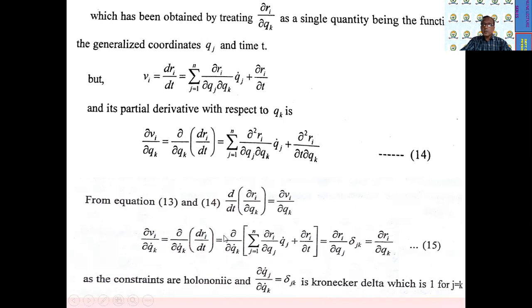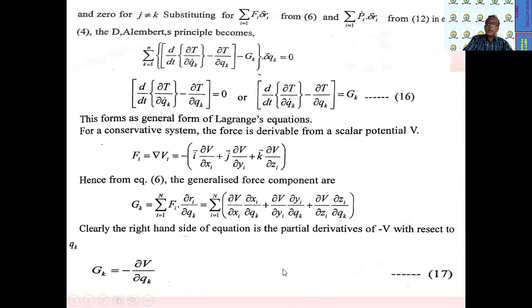It must be equal to ∂/∂qk dot of summation j of ∂ri/∂qj qj dot plus ∂ri/∂t. It must be equal to ∂ri/∂qj into delta jk, and that is equal to ∂ri/∂qk. But we know delta jk is nothing but the holonomic constraint. Therefore equation 15 will take this form.